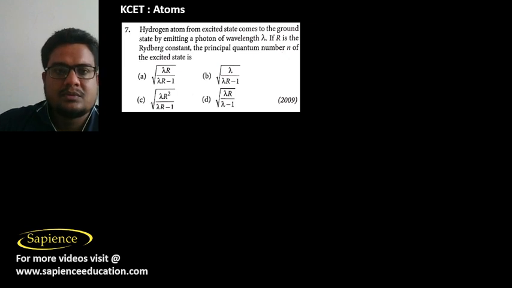Question number 7 says a hydrogen atom from an excited state comes to the ground state by emitting a photon of wavelength lambda.